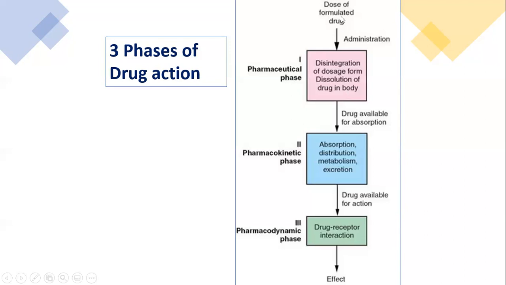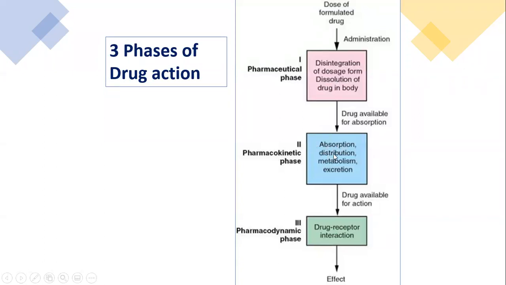So a dose of formulated drug, when we take it, which is called administration, then comes the pharmaceutical phase, including disintegration and dissolution. Then your drug is ready for action, available for absorption in the GIT.